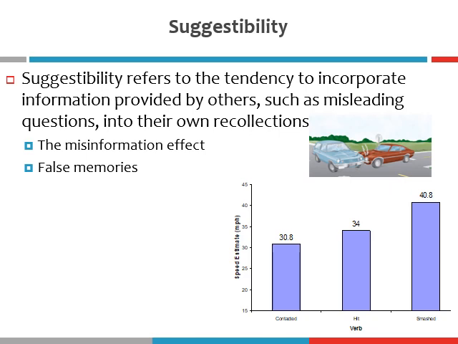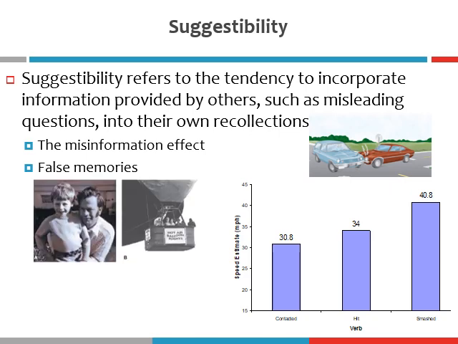So I'll show you guys some examples. In this example, the researchers took an actual childhood photo and created a photoshopped image of the child flying in a hot air balloon.